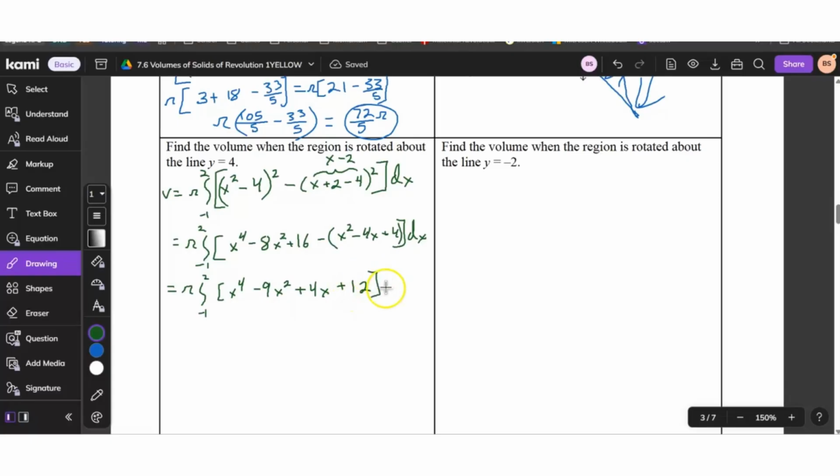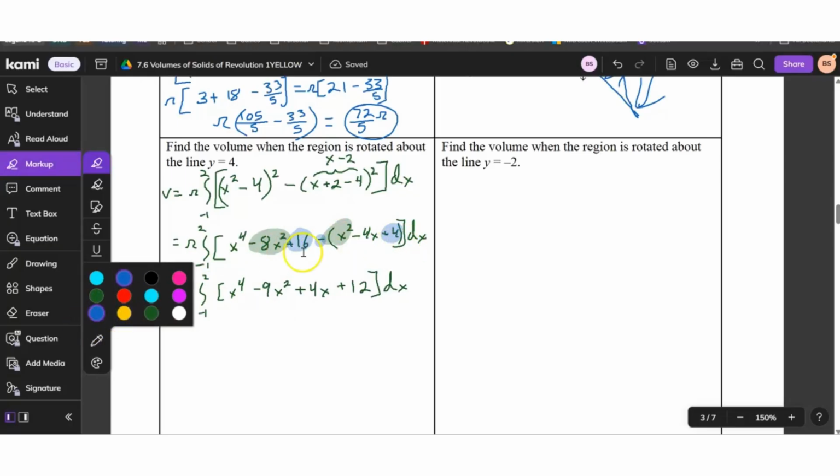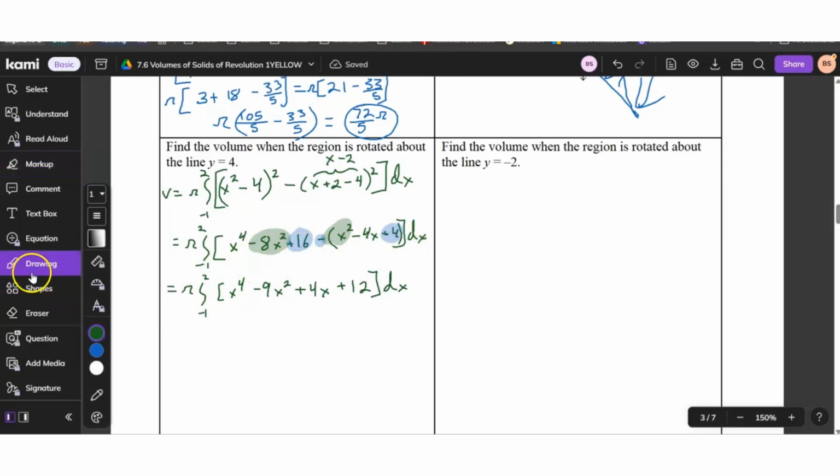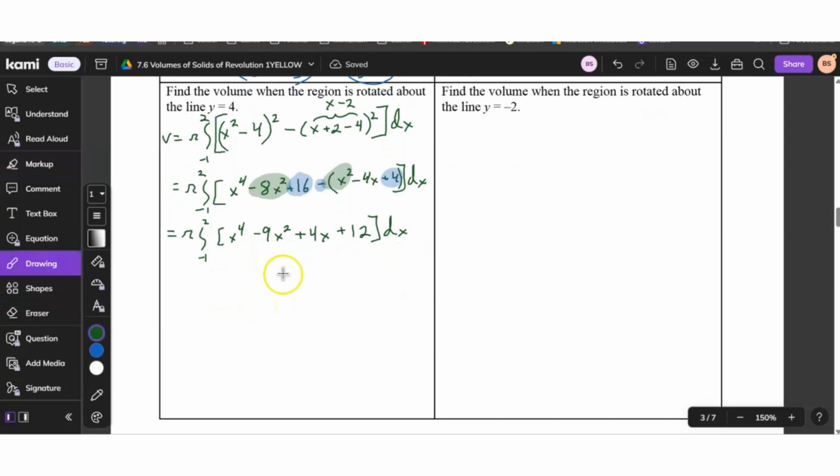Why 9x squared? Because negative 8x squared minus x squared is negative 9, right? We're just combining the like terms. So all I did here is combine this one with this one, and then I had my 16 with the minus 4. Now can I integrate that thing?